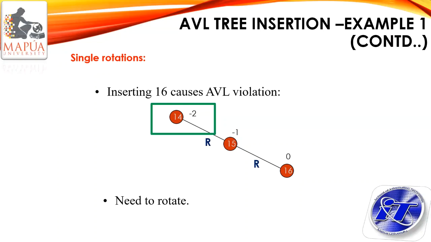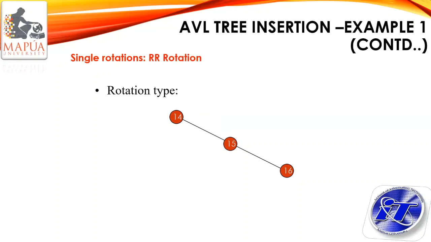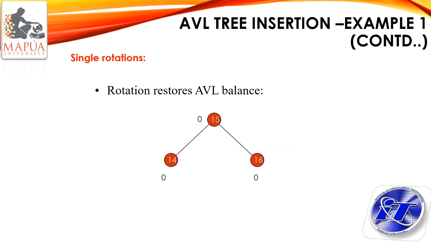So for RR, we're just going to locate the middle node between these three nodes, which is 15. And this 15 will be the new parent node, and 14 and 16 will be the child nodes of 15. So when we implement this scheme, the result will be this. And when we check the BF, all values will be equivalent to 0. So now we are ready to insert a new value.